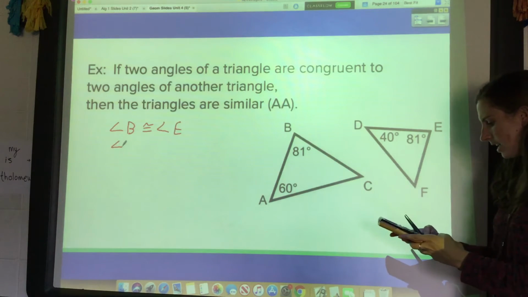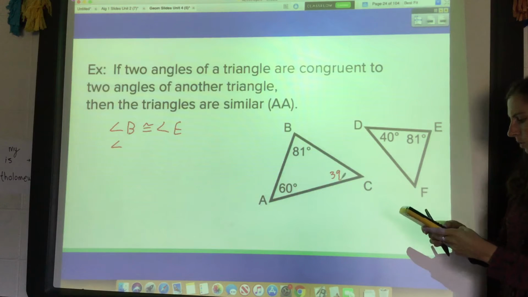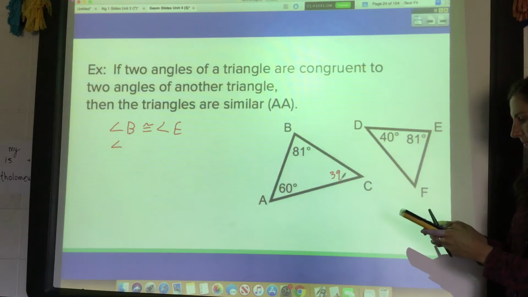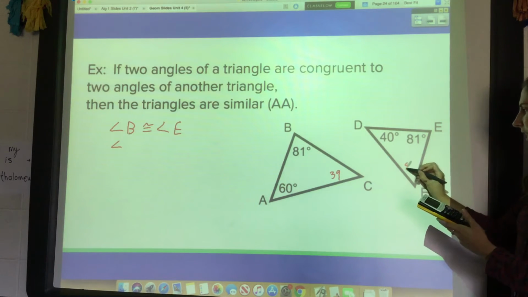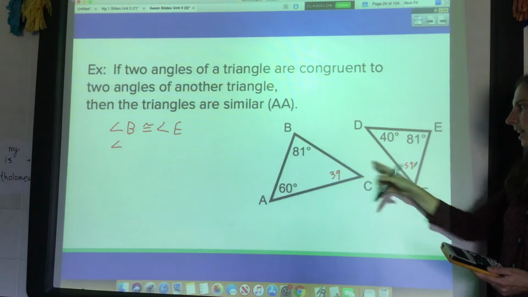If you do 180 minus 60 minus 81, you get 39. And if you do 180 minus 40 minus 81, you get 59. Those two angles are the same, but these angles are not.